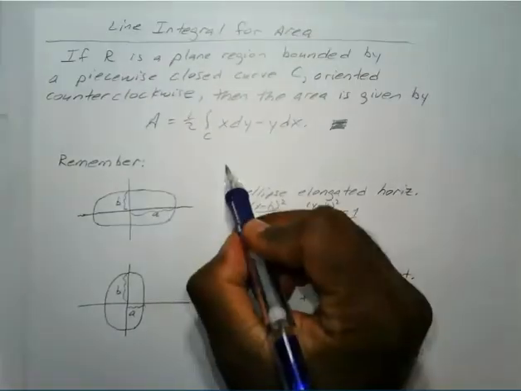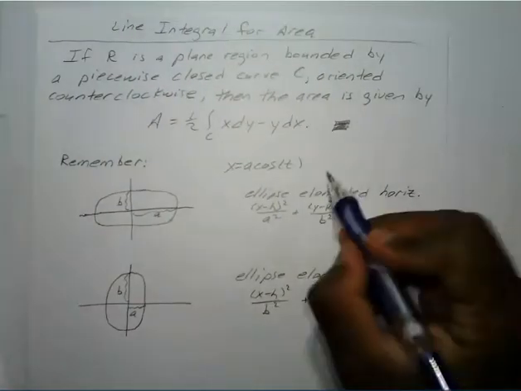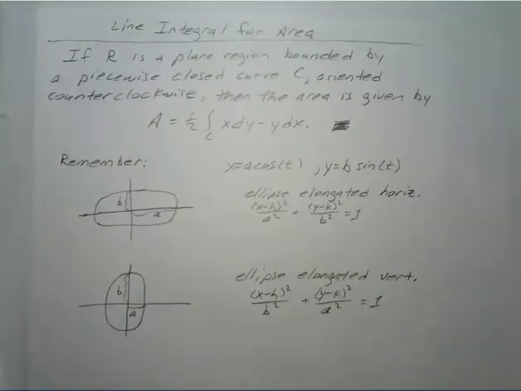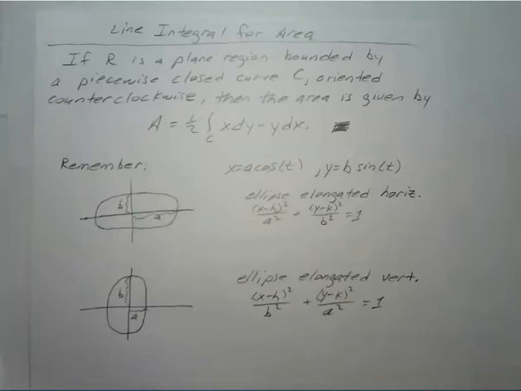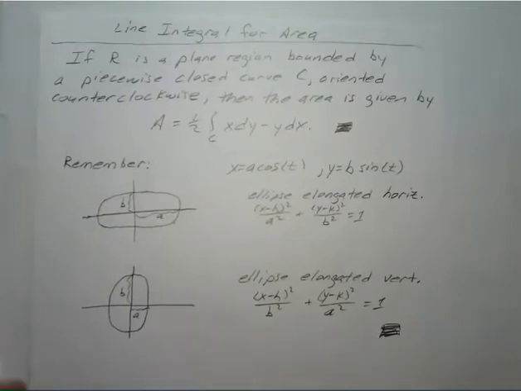This tells us that x will equal a cosine of t, and y will equal b sine of t. Remembering this will definitely help out for a couple of your problems. I'll give you an example of how this will help out. If you're still writing, feel free to press pause, but we're going to move on to our next example.